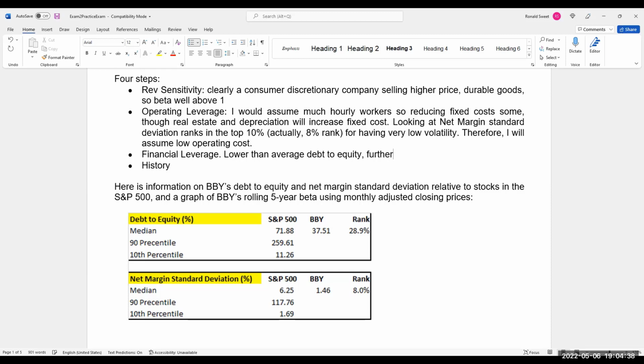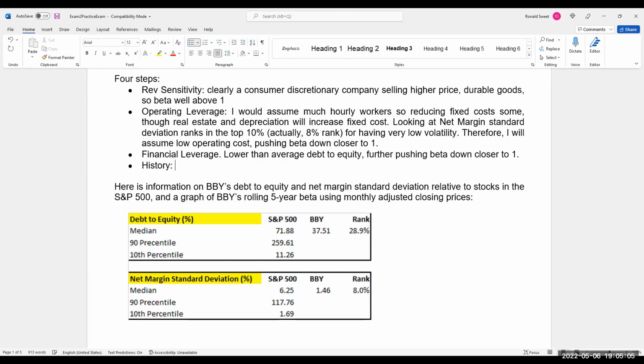Further pushing beta down closer to 1, put that in your answer. So it's a cyclical company, it's discretionary, definitely a high beta company, but very stable margins, lower than average debt. So we could probably get away with something in the 1.25 or so range.